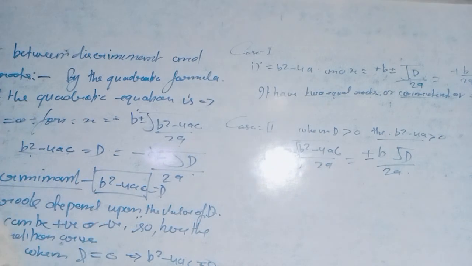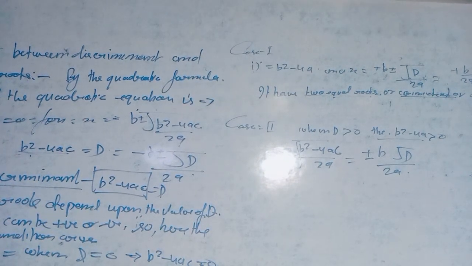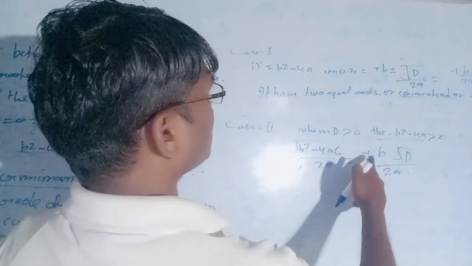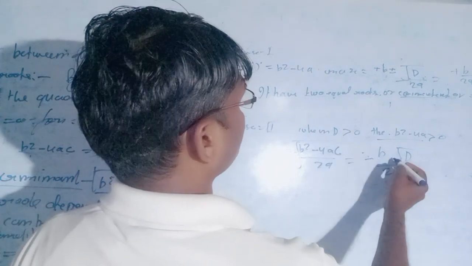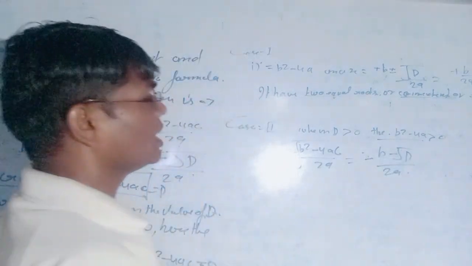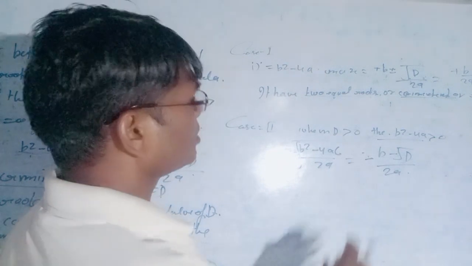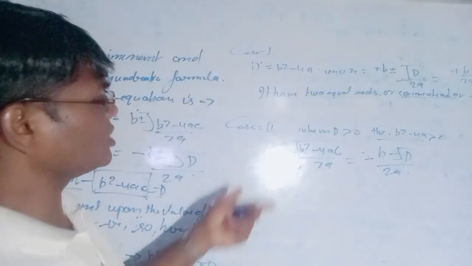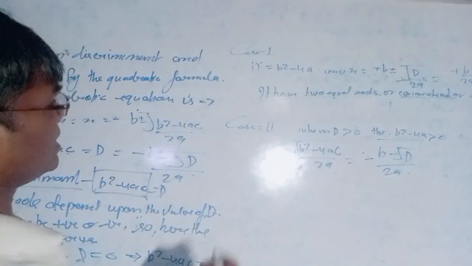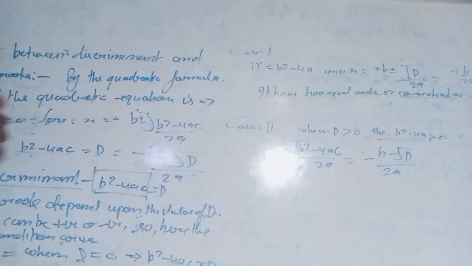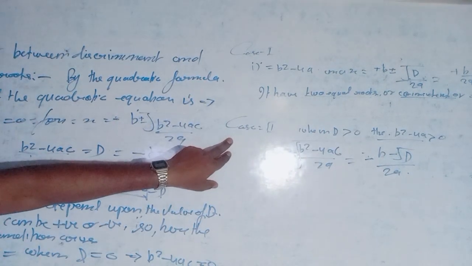In these conditions, both values will be negative, so minus b minus root d by 2a. So what does the value say?